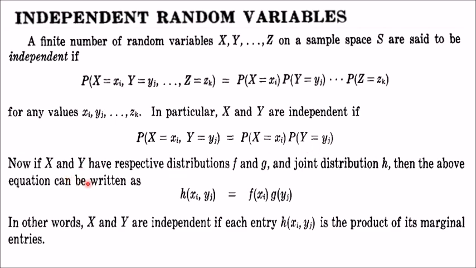Now, if x and y have respective distributions, say f and g, and joint distribution h, then the above equation can be written as h of x sub i, y sub j equals f of x sub i times g of y sub j. So in other words, x and y are independent if each entry, h of x sub i, y sub j, in the joint distribution is the product of its marginal entries, the x and the y.